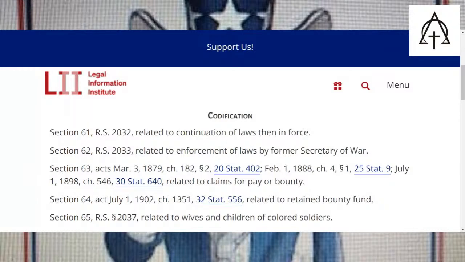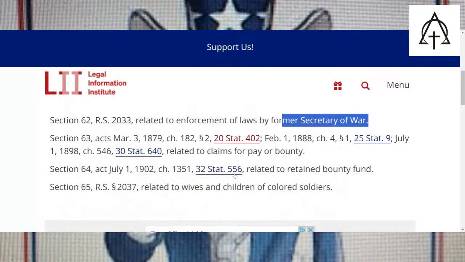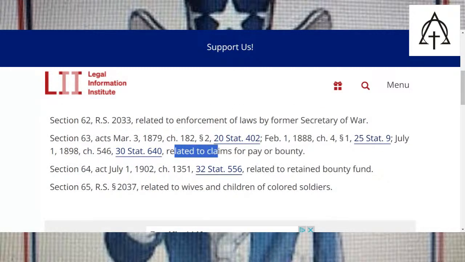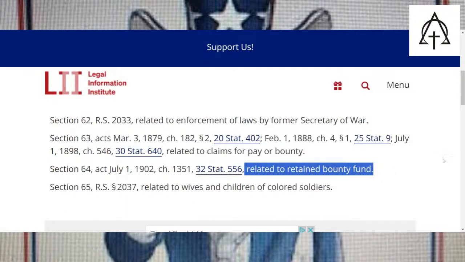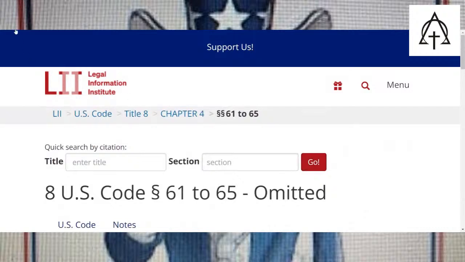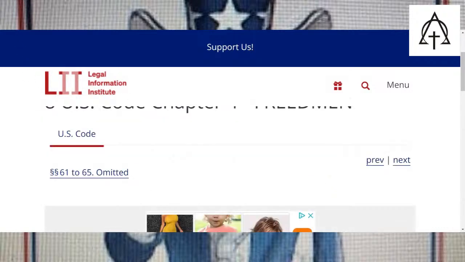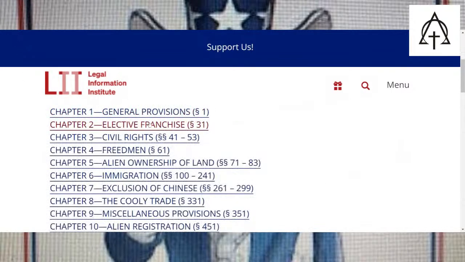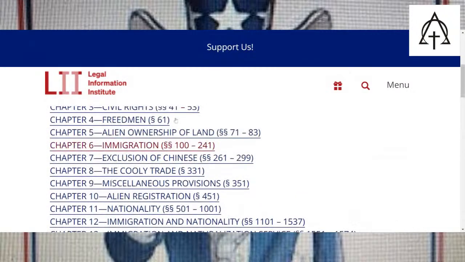Related to enforcement of laws by former Secretary of War. Related to claims for pay or bounty. Related to retained bounty fund. Related to wives and children of colored soldiers. Interesting stuff that they've omitted, transferred, repealed.